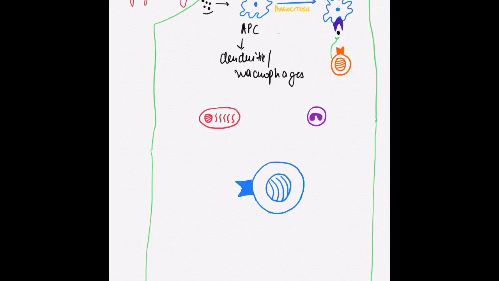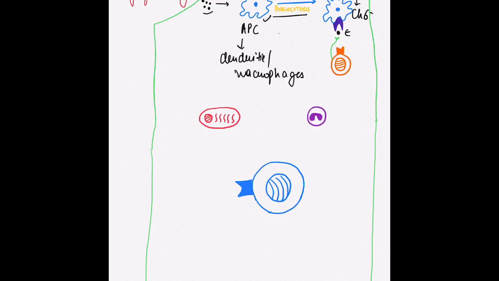Now, this dendritic cell will phagocytose the allergen, and when it phagocytoses the allergen, it activates the MHC2 molecule present on chromosome number 6 and expresses the allergen within the MHC2 complex on its cell membrane.